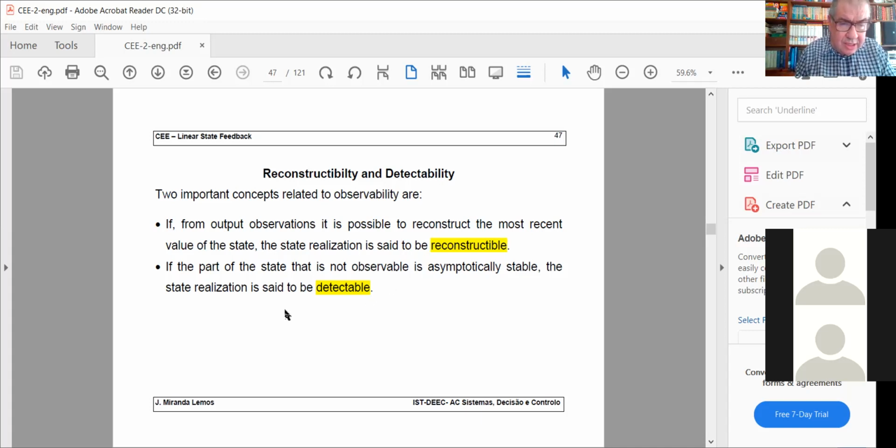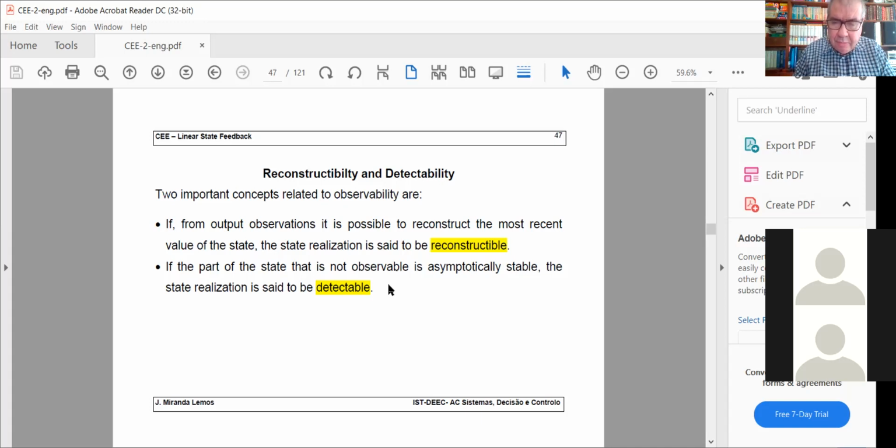The other notion is detectability. Okay? We say that the system is detectable if the parts of the state that are not observable are asymptotically stable.